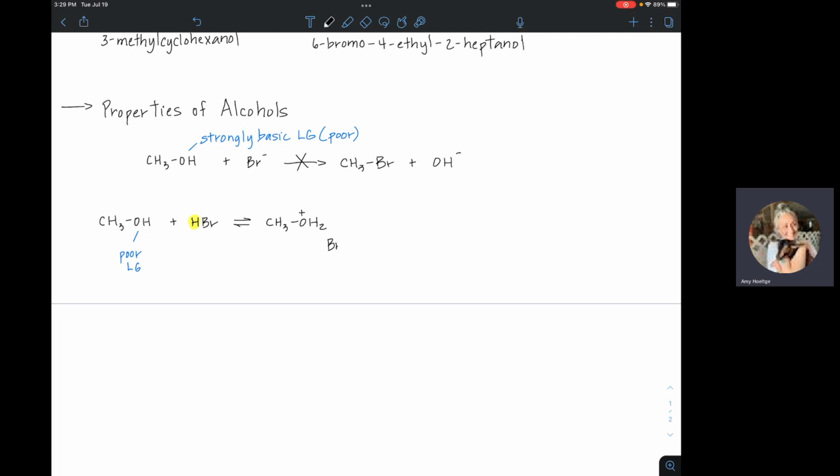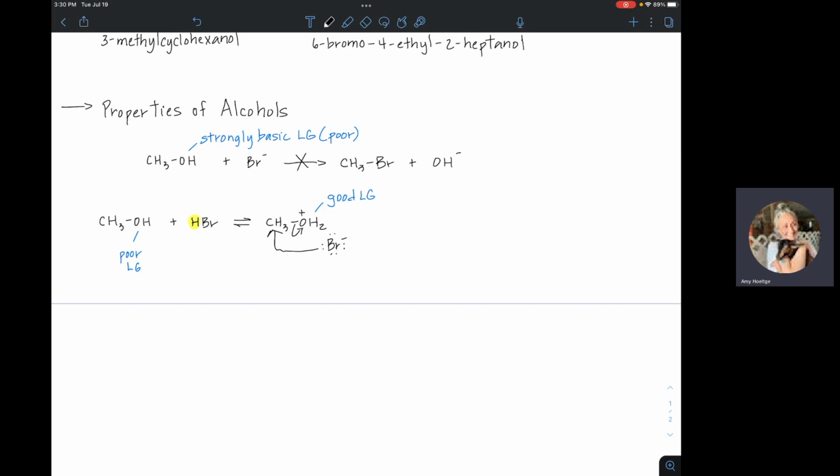The bromide is still floating around in the pot. So this right here is a good leaving group, right? It's a weaker base. So this comes in, and of course, using its electrons, attacks that carbon.